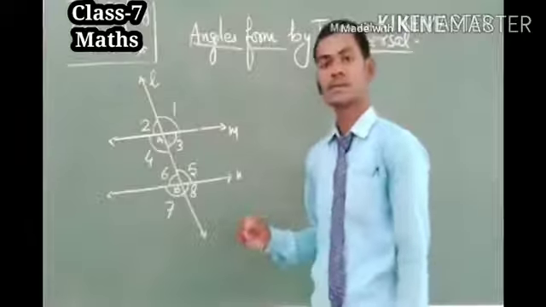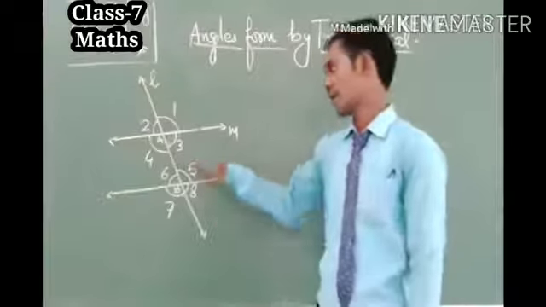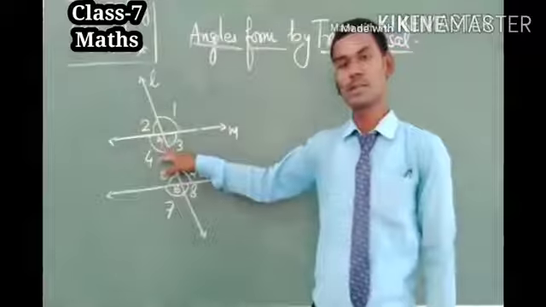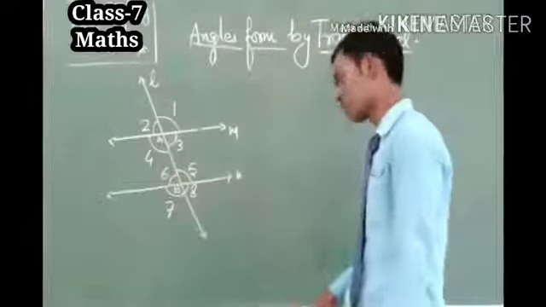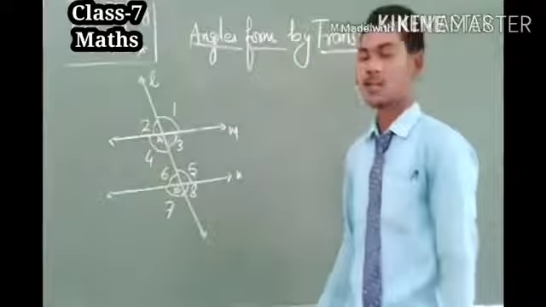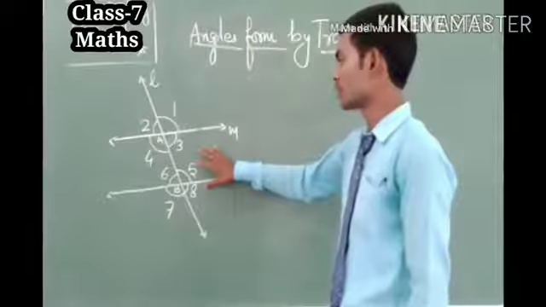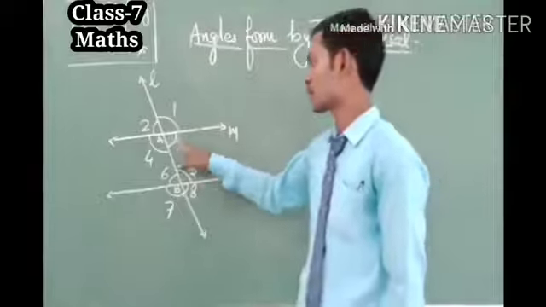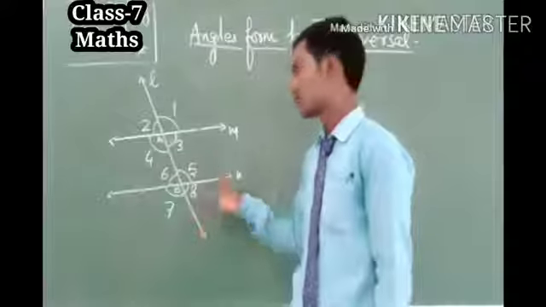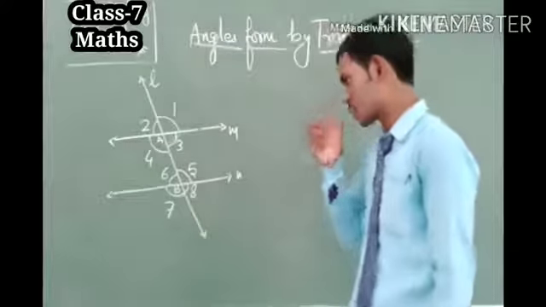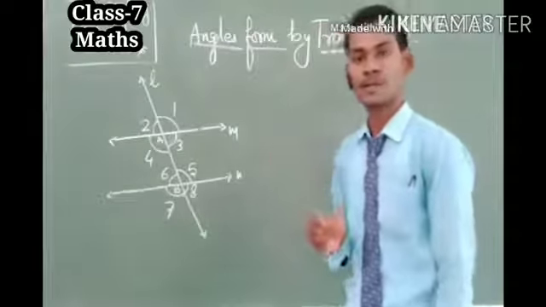In this figure, we can see that at the point A, four angles are formed, and at the point B, there are also four angles formed. These angles formed by the intersection of the line L, which is the transversal line, are known as angles formed by the transversal line.